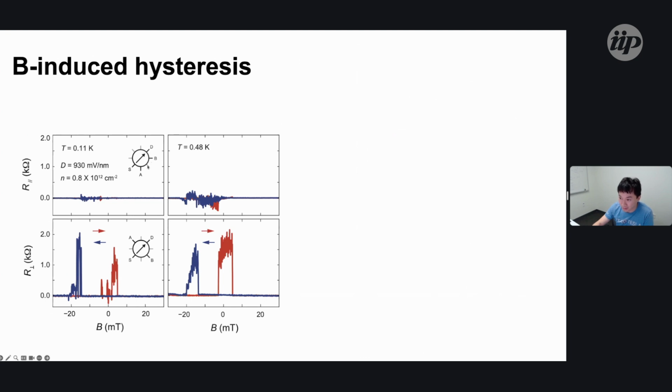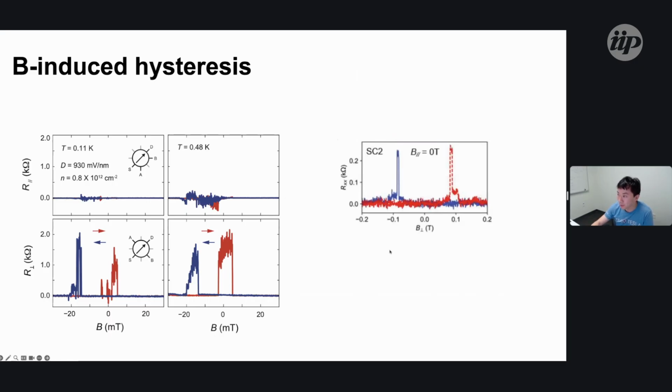We're measuring along the easy axis, and the bottom panels are measuring along the hard axis. When you move the out-of-plane magnetic field back and forth, you see these resistance peaks that show up in the transverse channel, and it shows very prominent hysteresis. And this is directly comparable to what Long reported, right?